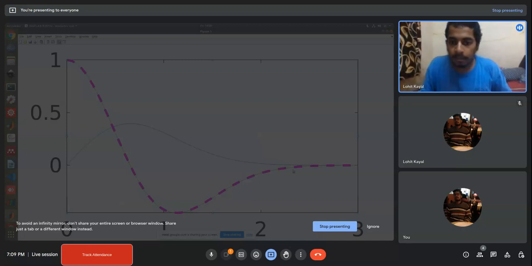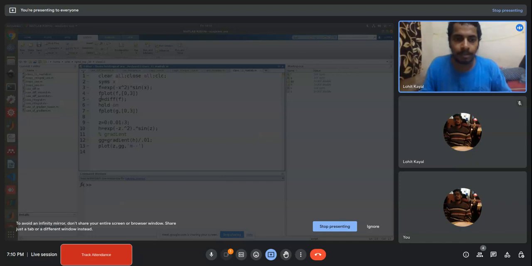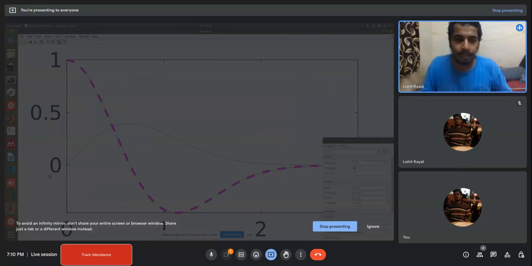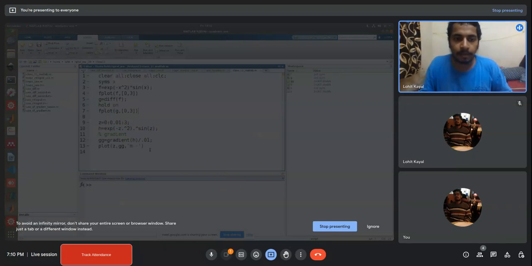For fplot I cannot increase line width like this, but you can see that behind this dashed magenta line there is a faint red line. This faint red line is coming from the symbolic computation of this derivative, this diff. And this magenta dashed line comes from the inbuilt use of gradient.